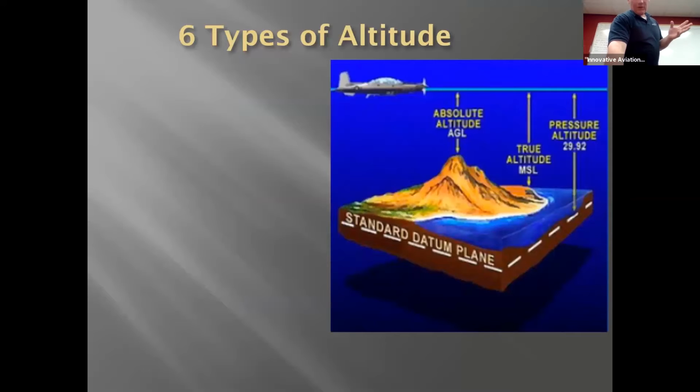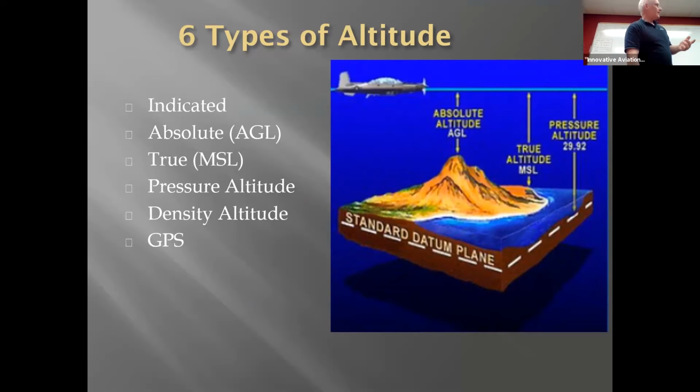We're also going to review the 6 types of altitude we touched on last time. The first one, we're just going to review real quick. Indicated altitude. When you set your altimeter, when you push outside here at the school, you get your altimeter setting, you set that. And then you go take off and fly somewhere for 4 hours.